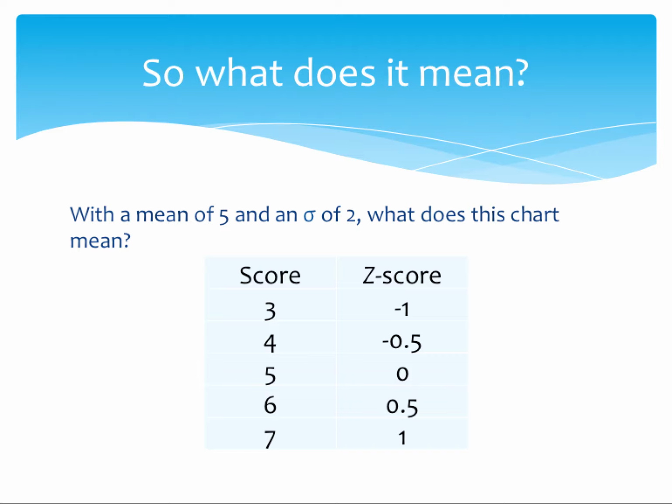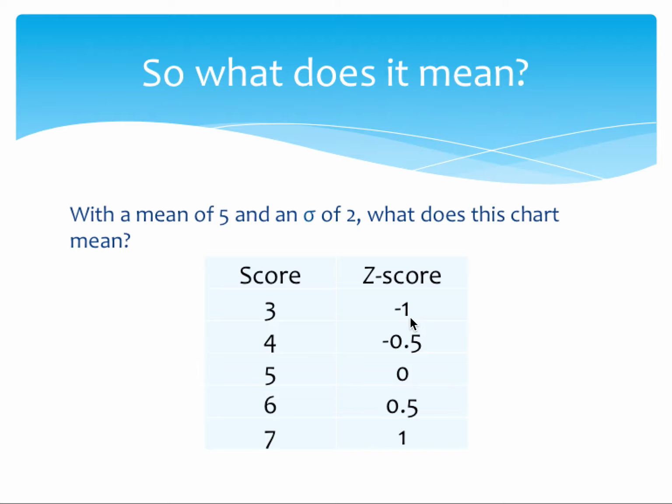Well, z-scores, it turns out, are in units of standard deviation. So you will see that a score of 3 is one standard deviation below the mean. Notice that the standard deviation is 2. 3 is 2 below 5.